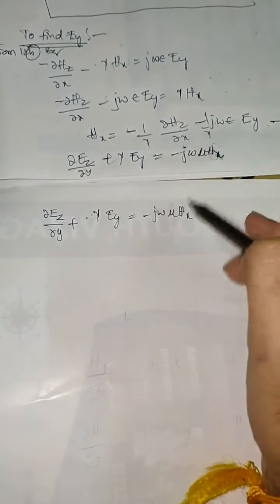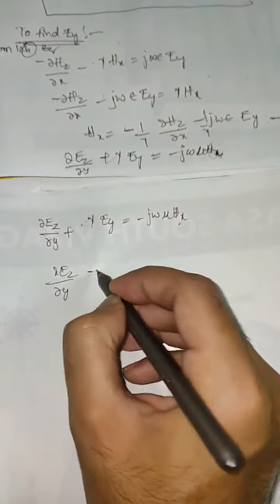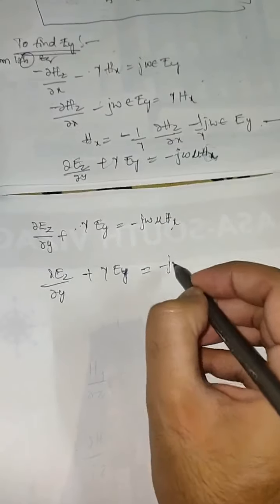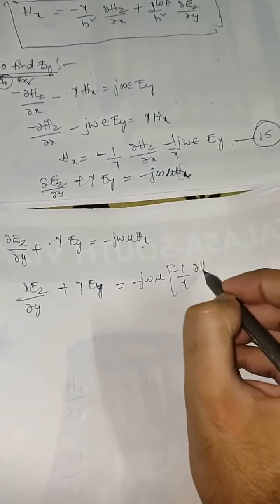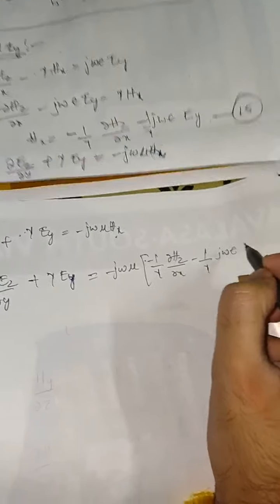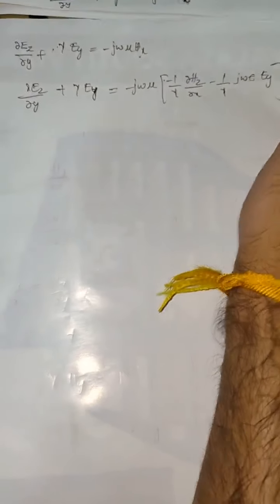So now substitute the Hx value here. So ∂Ez/∂y plus γEy equals jωμHx, which is nothing but 1/γ ∂Hz/∂x minus 1/γ jωεEy. Okay, so this is the value.